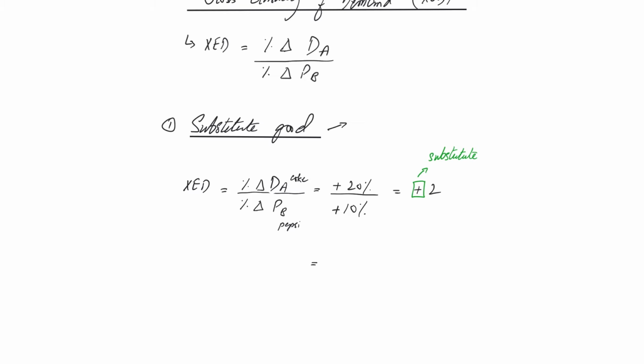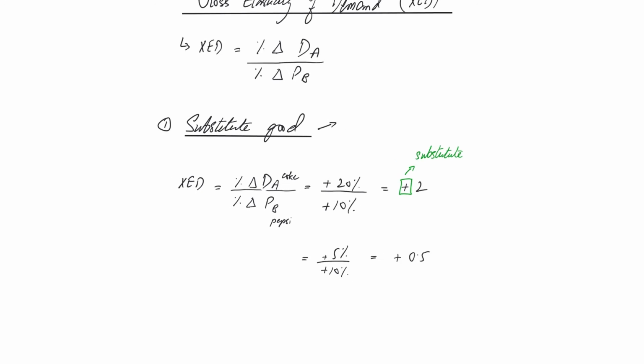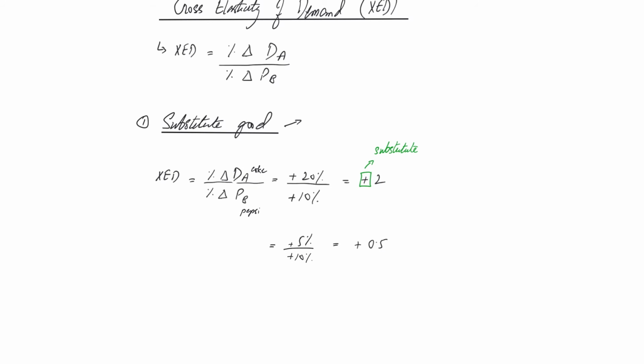Or a second case, when the price went up by 10%, the demand only went up by 5%. Now, this is the case about elastic or inelastic. Same idea. Since Xed over here is greater than 1, we're saying it's elastic. And over here, it's less than 1, that means it's inelastic.